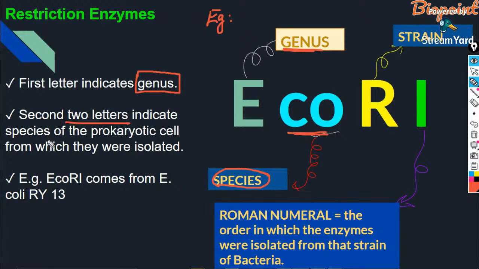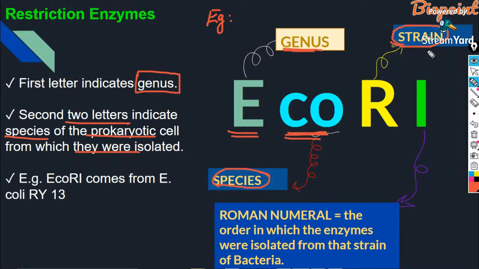The second two letters stand together for the species of the prokaryotic cell from which they are isolated. That is, E. coli bacteria is the host organism from which this restriction enzyme is obtained. So E is Escherichia, co stands for coli. And what is R? R stands for the strain of bacteria.